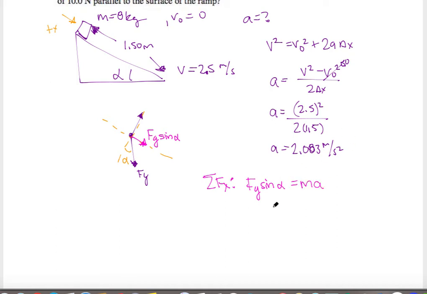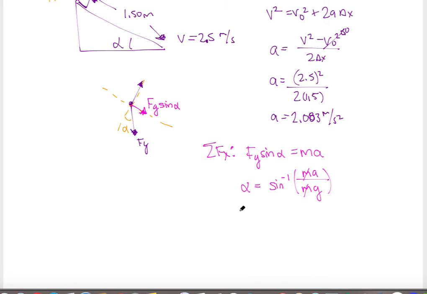Well, I found a, and so I'm just looking for alpha. So rearranging this, I have alpha is going to be the arc sine of ma over, well, this is mg, so my m's cancel, so it's just the ratio of the acceleration I found to the acceleration due to gravity.